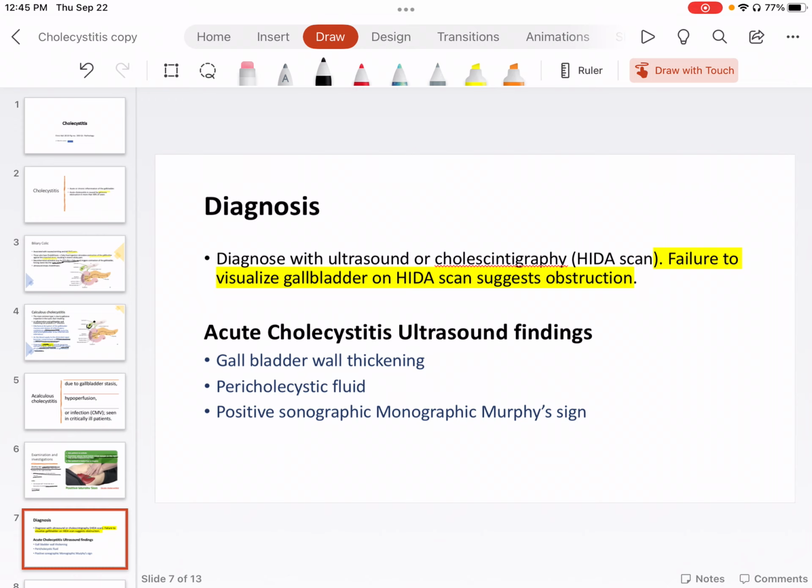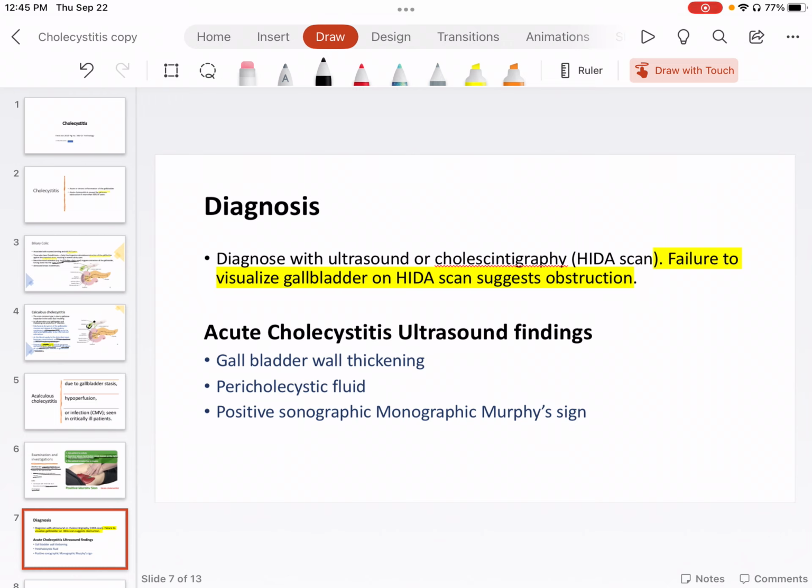But we can definitely diagnose with ultrasound or cholescintigraphy, HIDA. Failure to visualize the gallbladder on HIDA scan suggests obstruction. So what will be seen in the HIDA scan? You will see no gallbladder. This is the diagnostic tool.